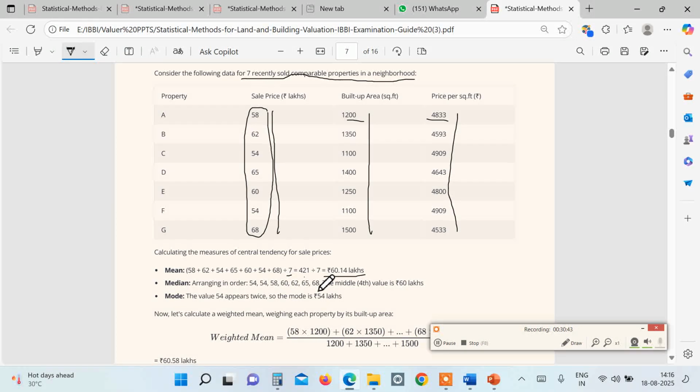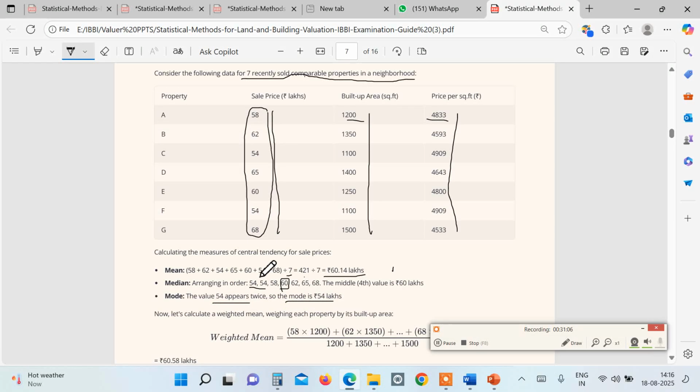So you have to take the middle value. So this 60 lakh is the middle value. That will give you the median. And mode is the most occurring value. See here, in this case 54 is occurring two times. So 54 appears twice, so the mode is 54.